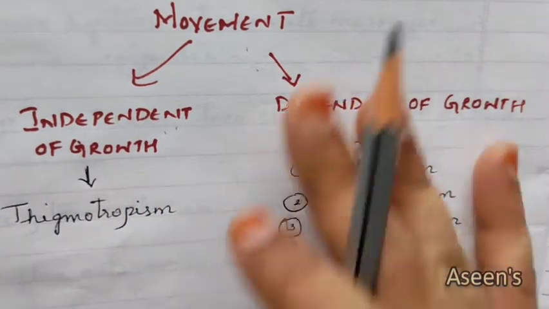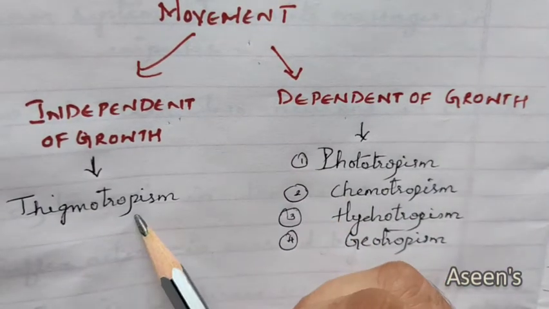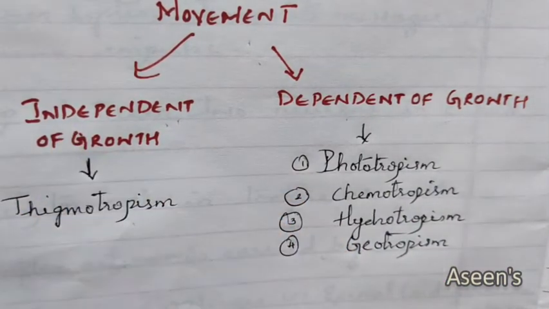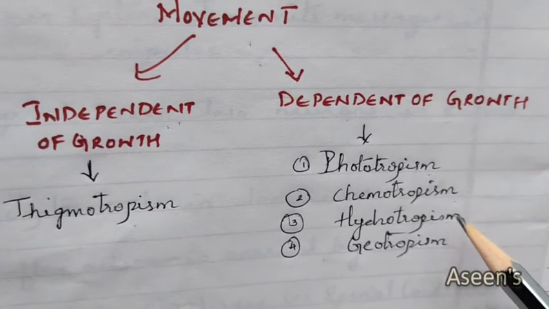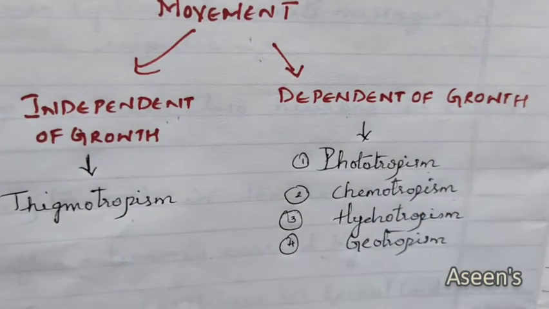Under independent of growth we have only one, that is Chemotropism. I'm going to explain it in detail. And under dependent on growth we have four: Phototropism, Chemotropism, Hydrotropism, as well as Geotropism.